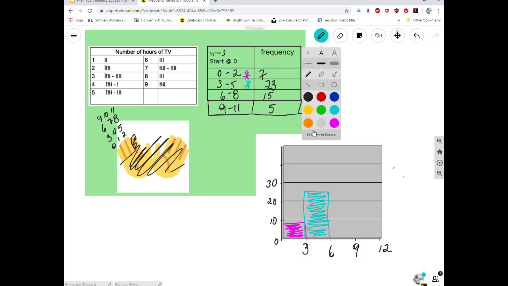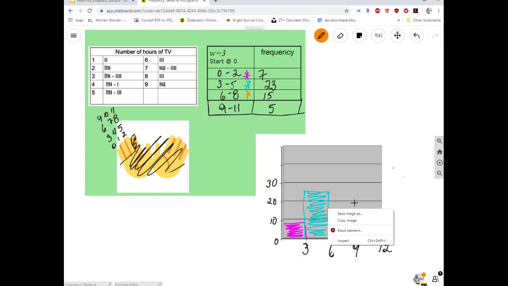Let's do orange. So between 6 and 9, we have 15. So I'm going to do that one in orange. About 15 is about here. So from here all the way to here is going to be the next interval.